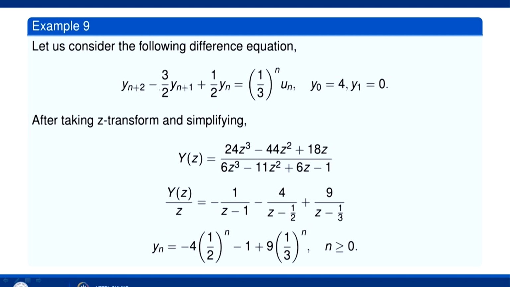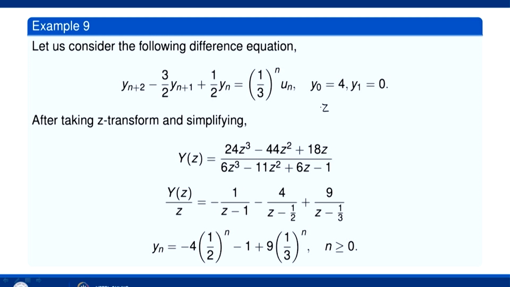Okay. Now, let us find the solution of the difference equation. So, we have the difference equation y(n plus 2) minus 3 over 2 y(n plus 1) plus 1 over 2 y(n) equal to (1 by 3) to the power n u(n). u(n) is the unit step function, y(0) is equal to 4, y(1) equal to 0. So, let us take the Z transform of this given equation.